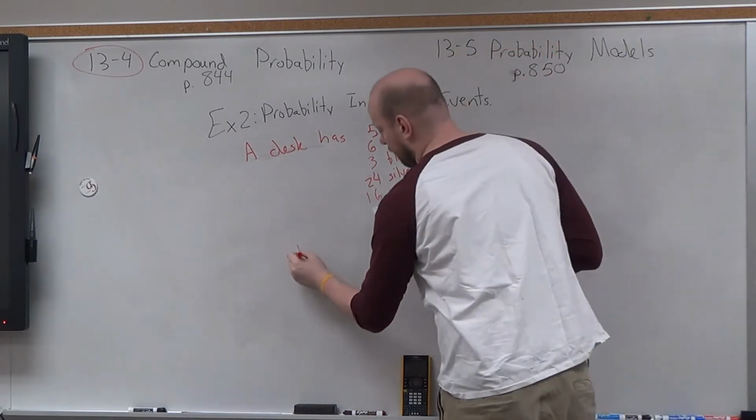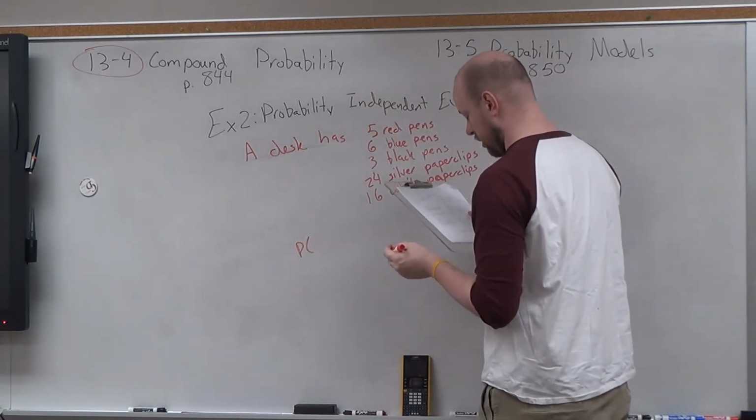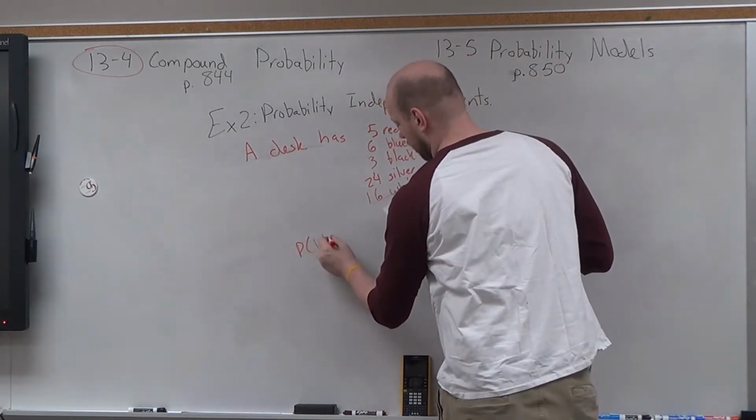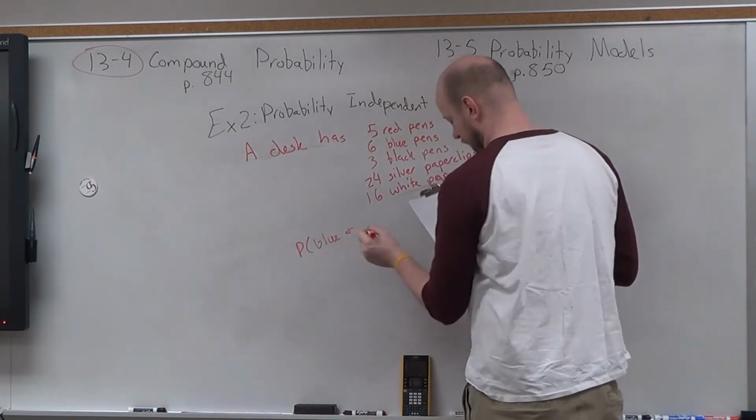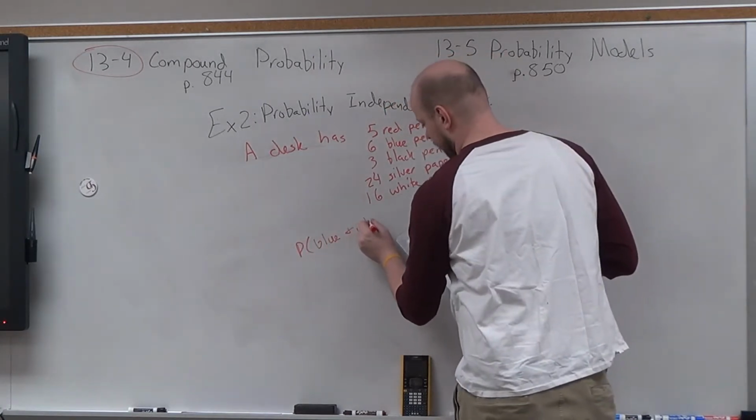What is the probability that we would get a blue pen and a white paper clip?